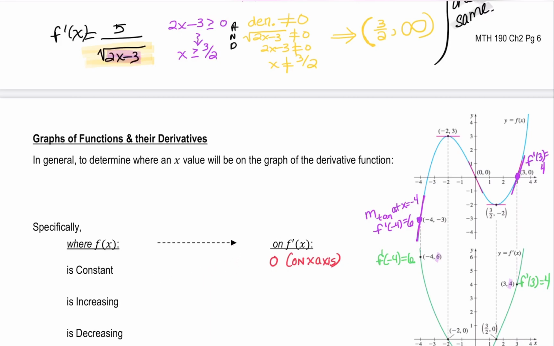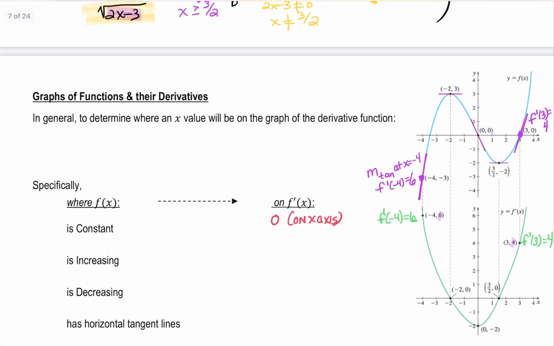All right, now let's think about where a function is increasing. Look at the two areas that we've already highlighted in that purple color. When the original function is increasing, in that situation, the derivative is positive. So it has a positive rate of change.